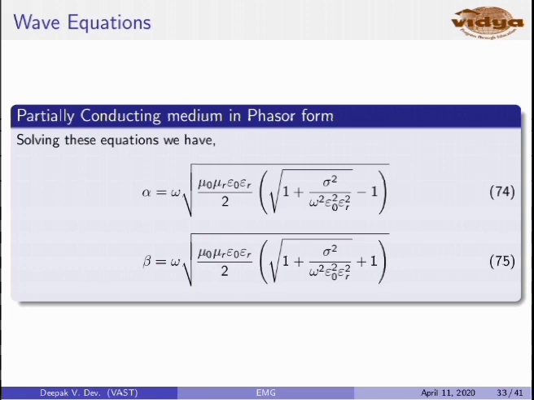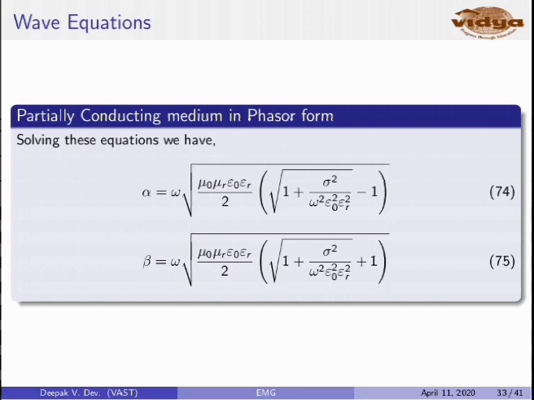These equations are used for finding alpha and beta in a partially conducting medium. By knowing their values, we can get more idea about the wave propagation in the medium. That is the importance of these two equations.